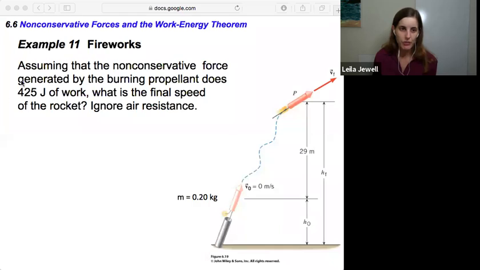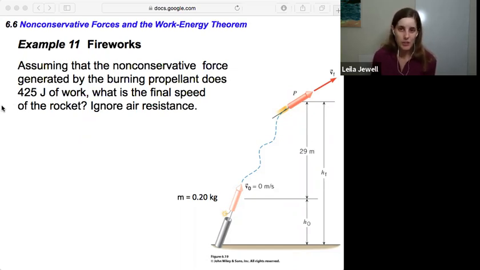And then there's this 425 joules of work. Notice that's 425 joules of work done by the non-conservative force. And this is often how problems that involve non-conservative forces doing work are set up, where they tell you how much work is done by the non-conservative force, or you solve for it explicitly.